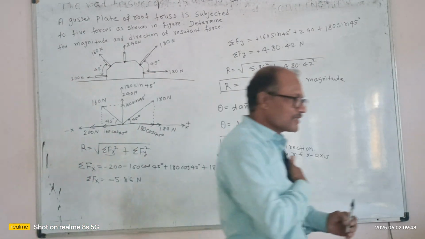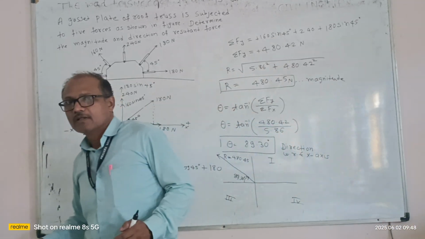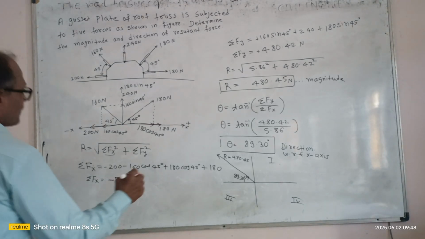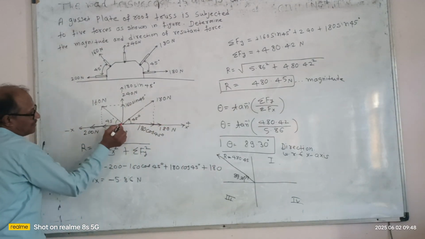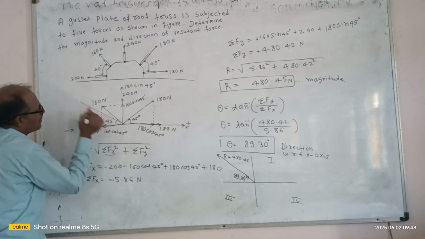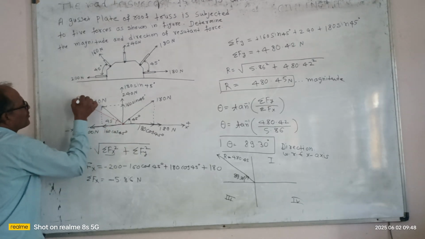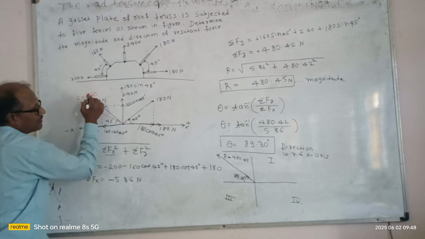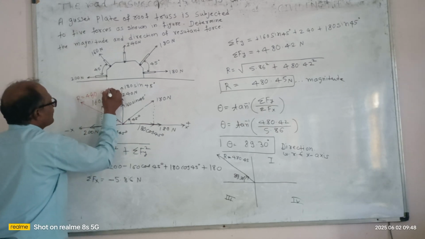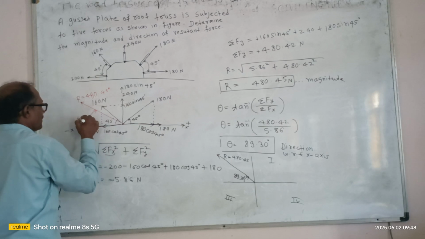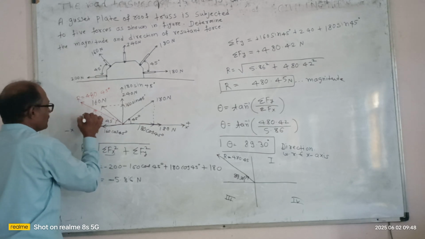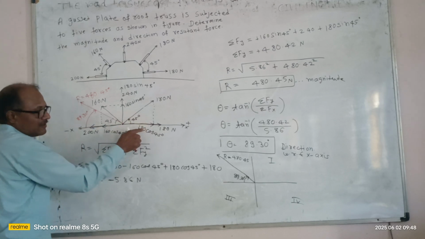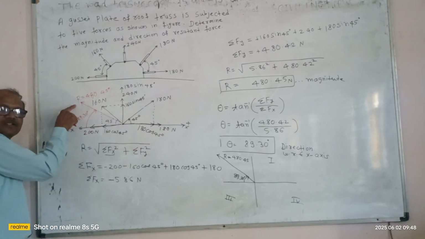This resultant can be shown here like this: R is equal to 480.45 Newton, and this angle is 89.30 degrees. So these 5 forces can be replaced by this single force.